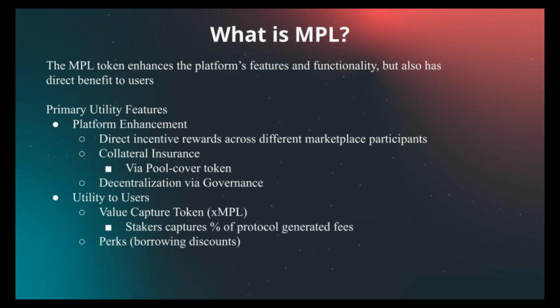Yes, yeah. So I think obviously with undercollateralized lending, you need to have a way for those that are underwriting to have some skin in the game, right? What Maple does that is interesting is that it requires any underwriter to buy some Maple tokens and put it in a pool in the form of a Maple USDC liquidity pool.